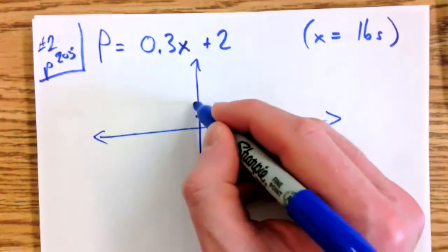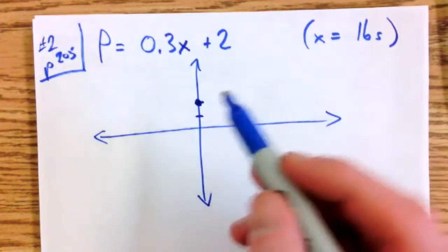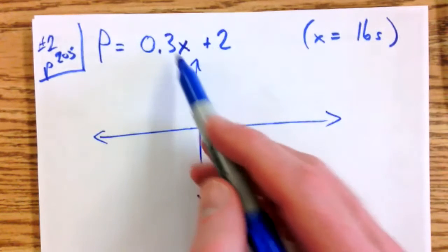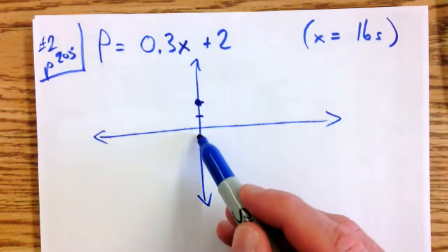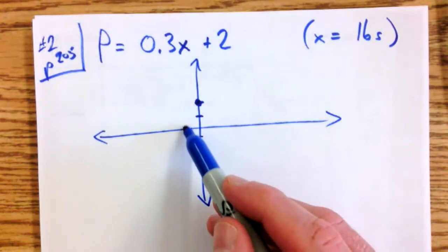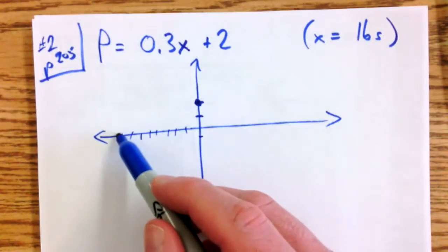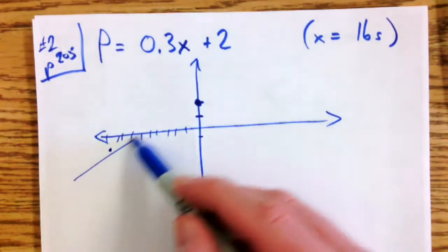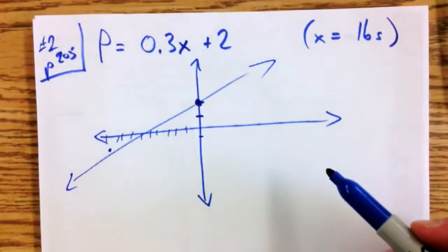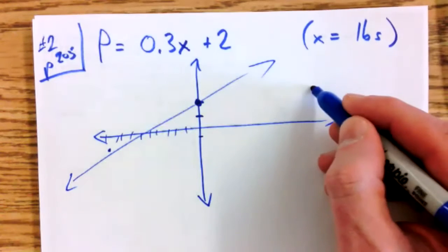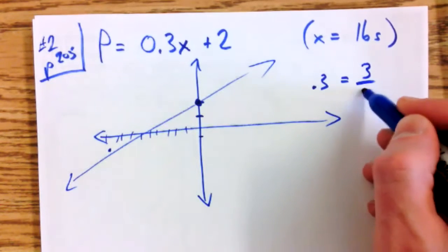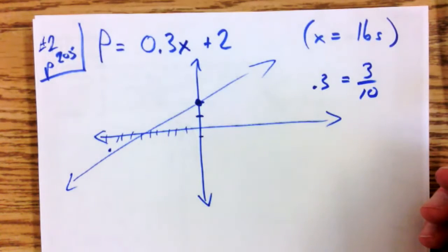So if the intercept is at 2, so I say 3, so it's like 1, 2, 3 over 1, 2, 3, 4, 5, 6, 7, 8, 9, 10. So it'll be a slope, something like this. Does that make sense? So that 0.3 is 3 over 10. So rise over run.